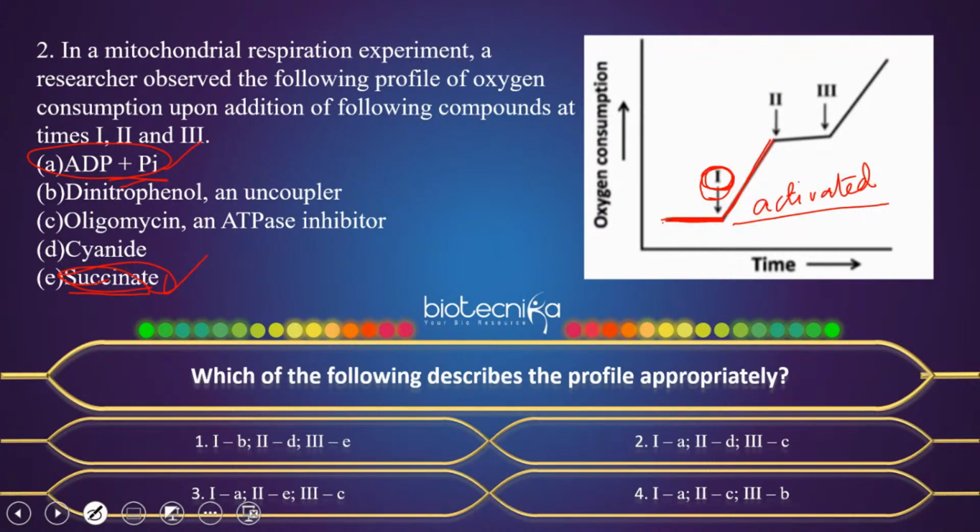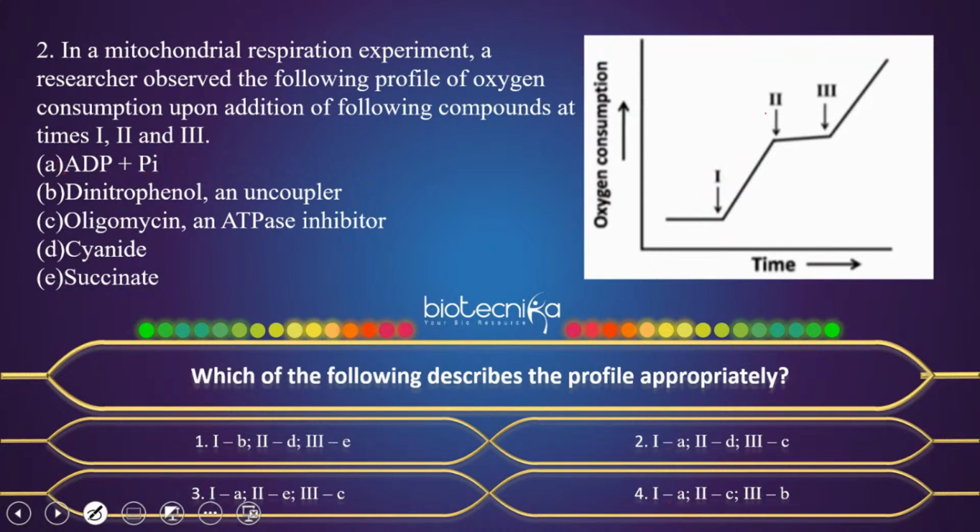Now we will go with A, because in most of them this is A, and that's why we will consider the majority. If we don't get this correct, then we will pick succinate. So that's what you should do, right? 1A means out of these, which are activators. These two are activators. So in most of them you have A, so better select A as the option. So 1A is fixed. Fine.